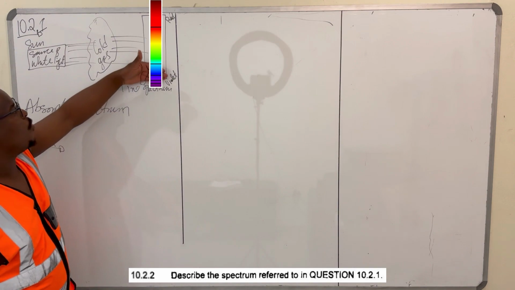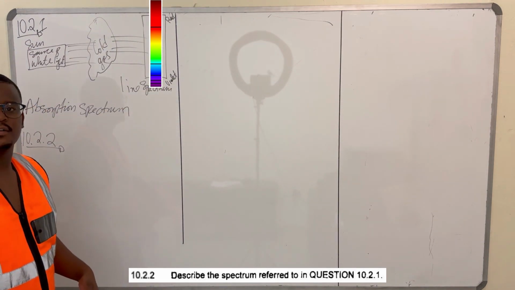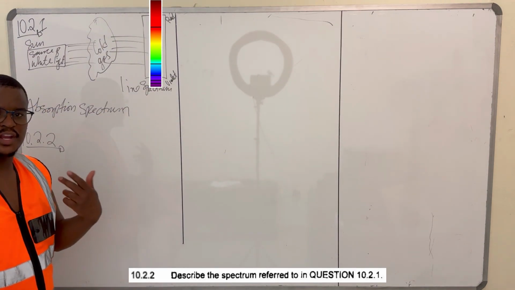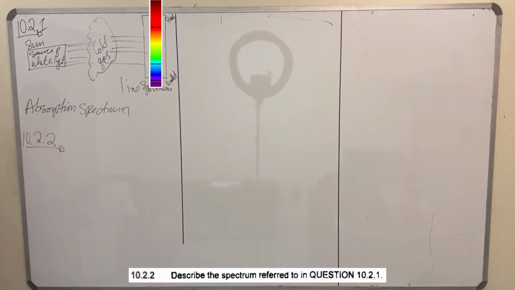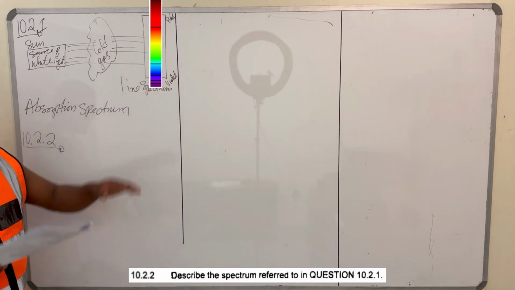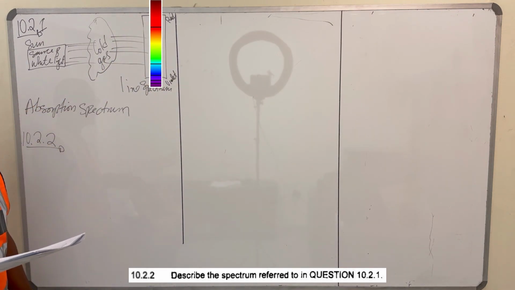So you can have a wide range of the spectrum. You can have an absorption spectrum, you can have an emission spectrum. But in this case, we have absorption, so let's stick to this one. They wanted us to describe this spectrum.